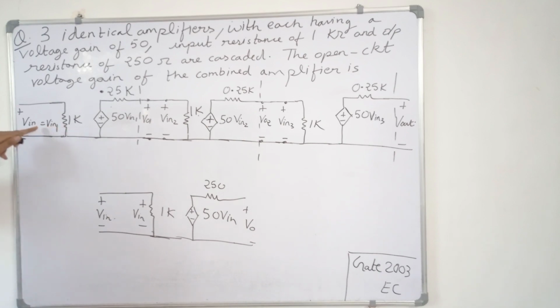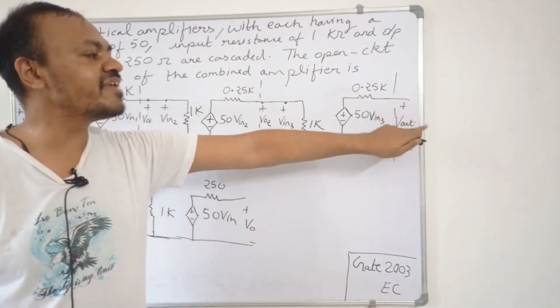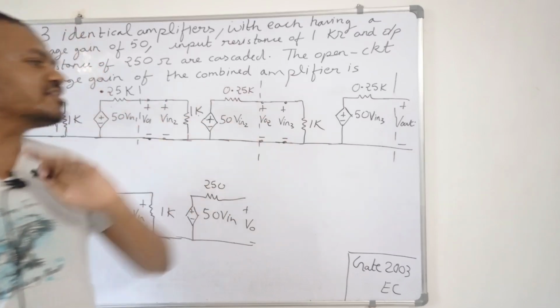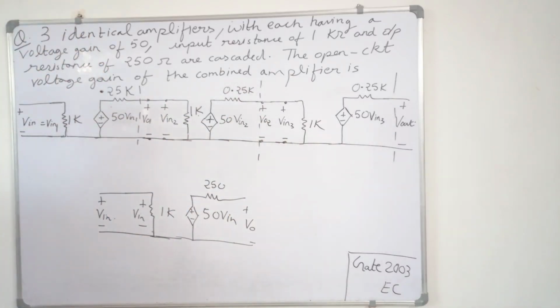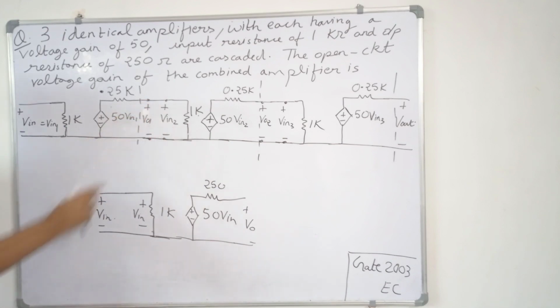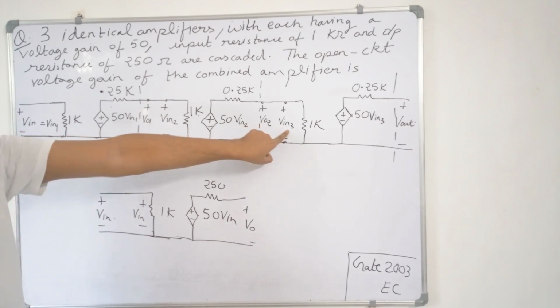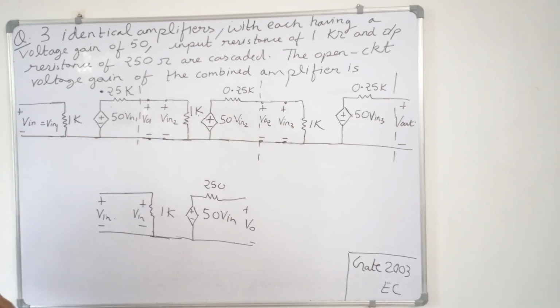The input voltage of the first amplifier is the input voltage of the combined amplifier, and the output voltage of the third amplifier is the output voltage of the combined circuit. The output voltage of the first amplifier is the input voltage of the second amplifier, and the output voltage of the second amplifier, Vo2, is the input voltage of the third amplifier, Vin3.